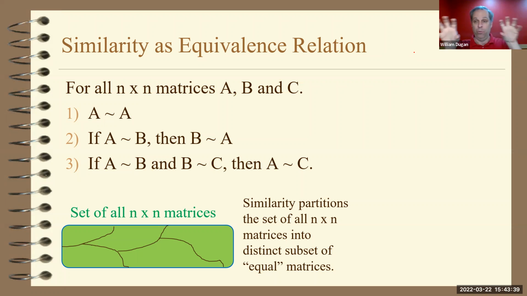And in those two groups, no matrix from this side is similar to any matrix on that side. It's like you take a big, gigantic cookie pan and you're cutting it up into different sections. So similarity is a way to chop up the set of all possible n by n matrices into matrices that are similar to each other.